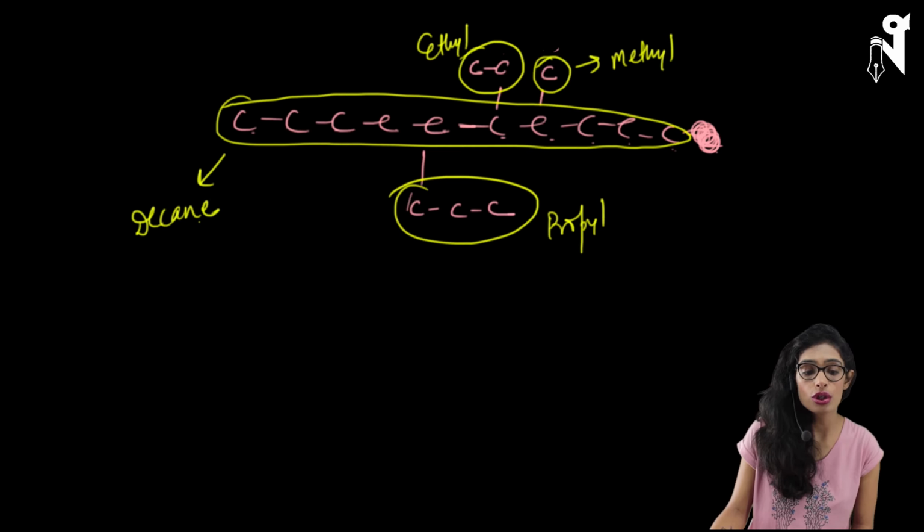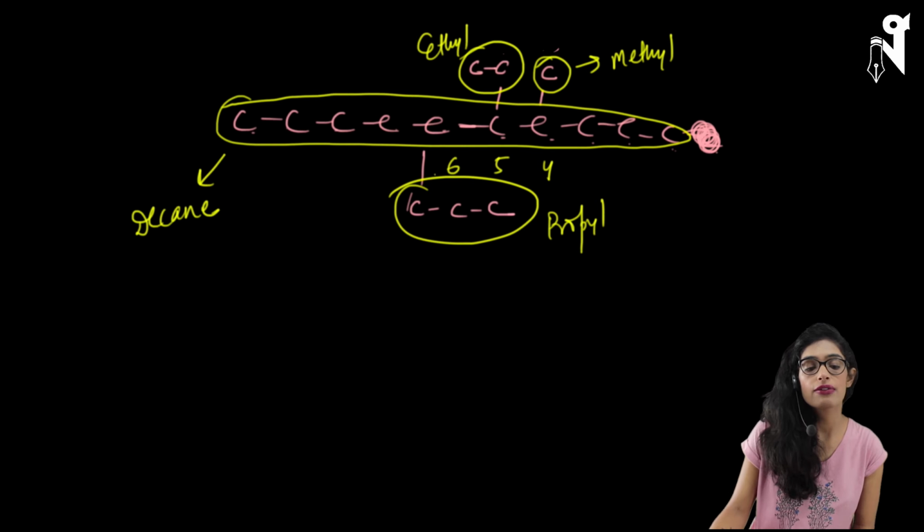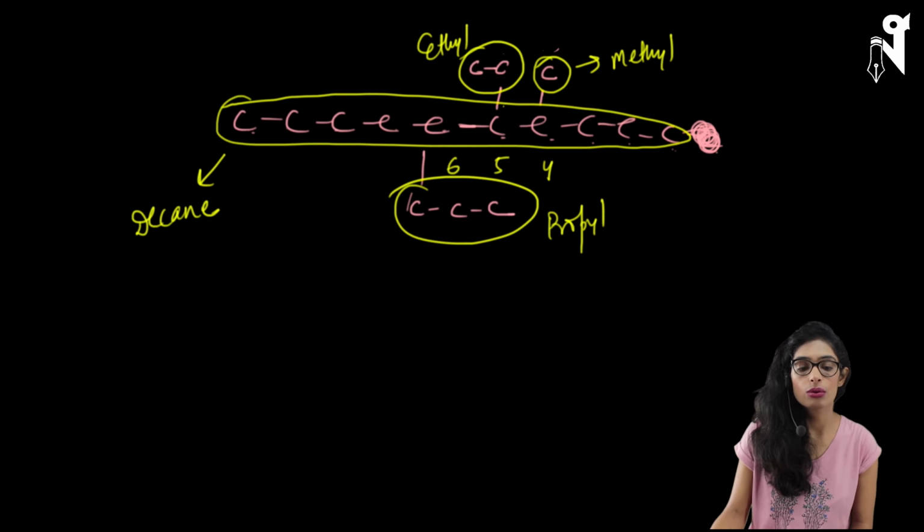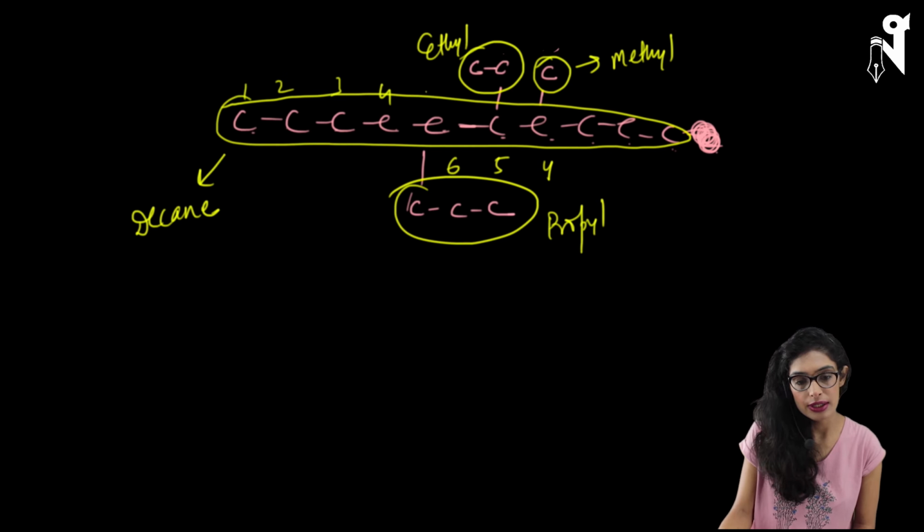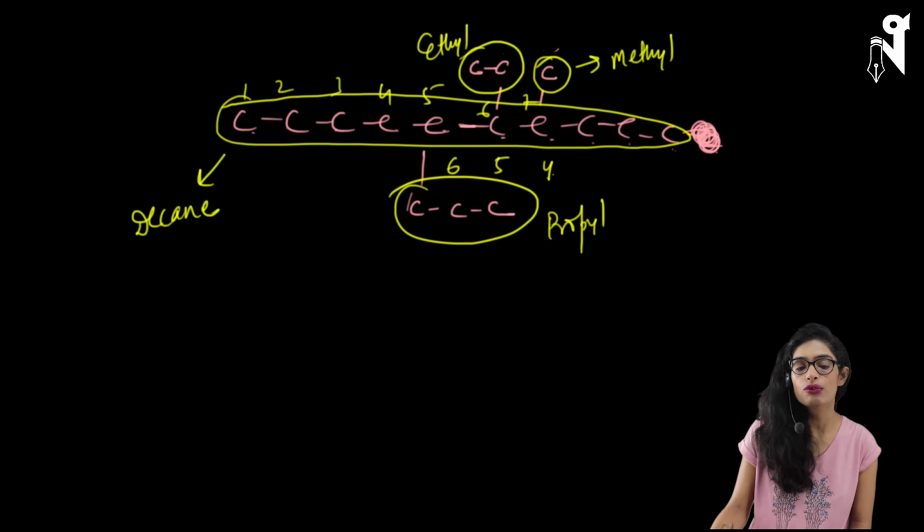If I talk about the positioning of the branches, it will be 4, 5 and 6. If I count from there, it will be 5, 6 and 7. See, if I number from here, 1, 2, 3, 4, 5, 6, 7, my branches will get positions 5, 6, 7. If I'm counting from here, it will get 4, 5, 6. So I'll be considering 4, 5, 6.